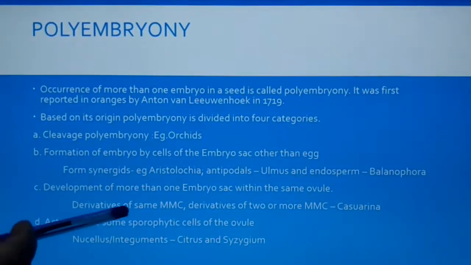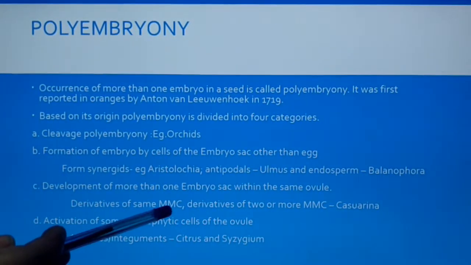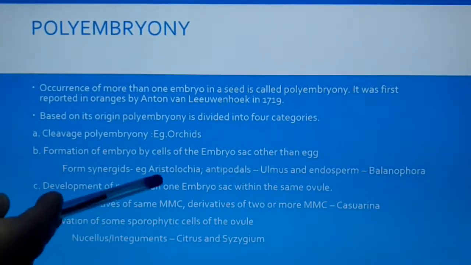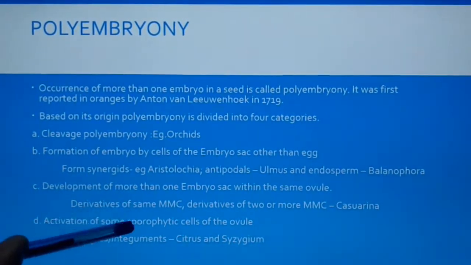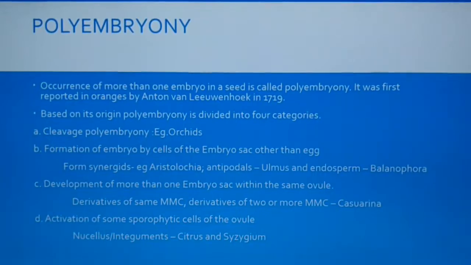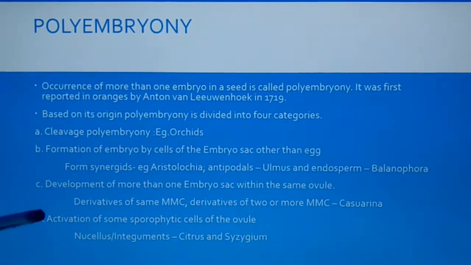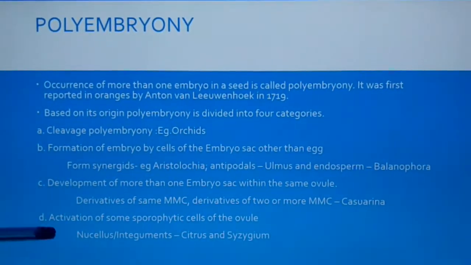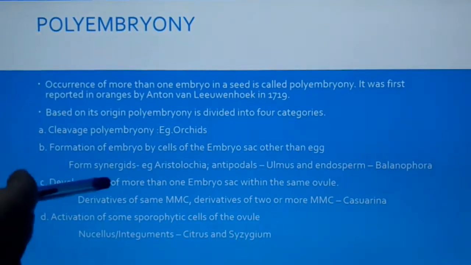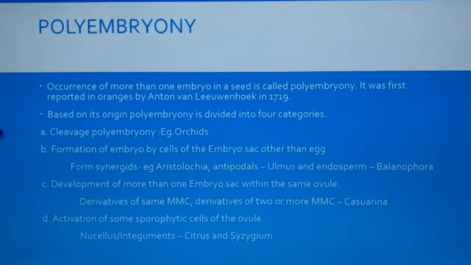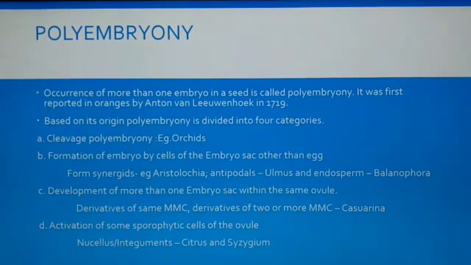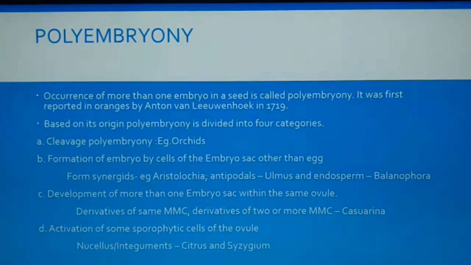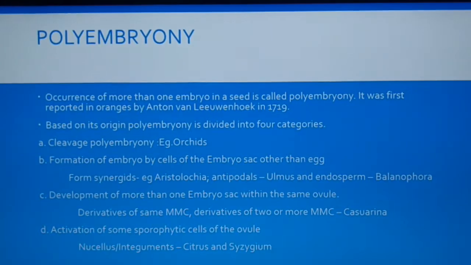Here, the derivatives of the same megaspore mother cell or the derivatives of two or more megaspore mother cells are involved in the formation of more embryo sacs. Example, Casuarina.